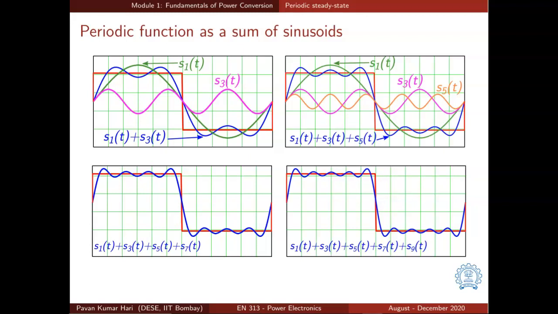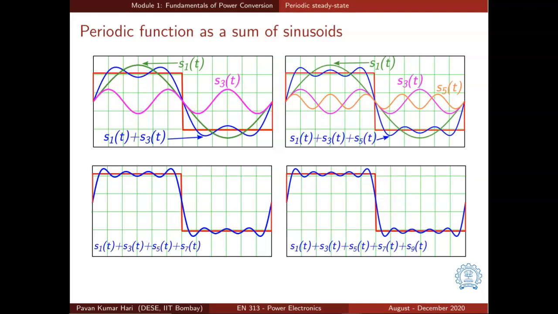In the first plot, there is a sinusoidal function S1 of t shown in green color, and there is another sinusoidal function S3 of t, which has a different amplitude when compared to S1, and its frequency is 3 times that of S1. So when we add S1 and S3, we have a blue color waveform, S1 of t plus S3 of t, and that is how it compares against the square wave.